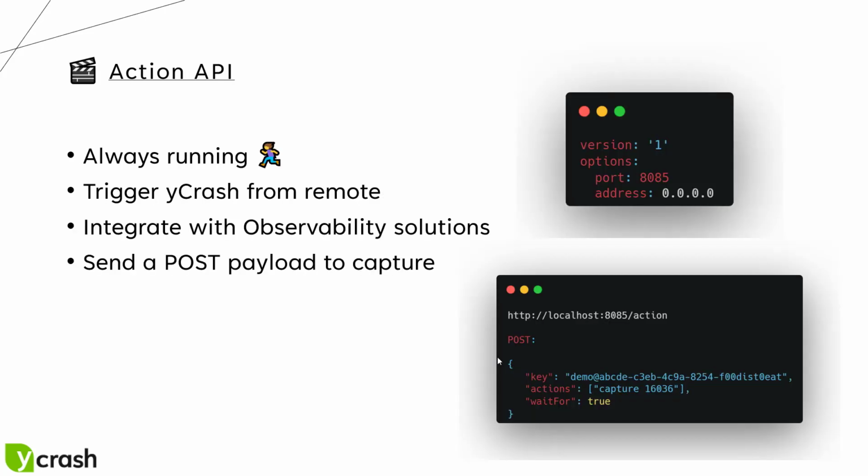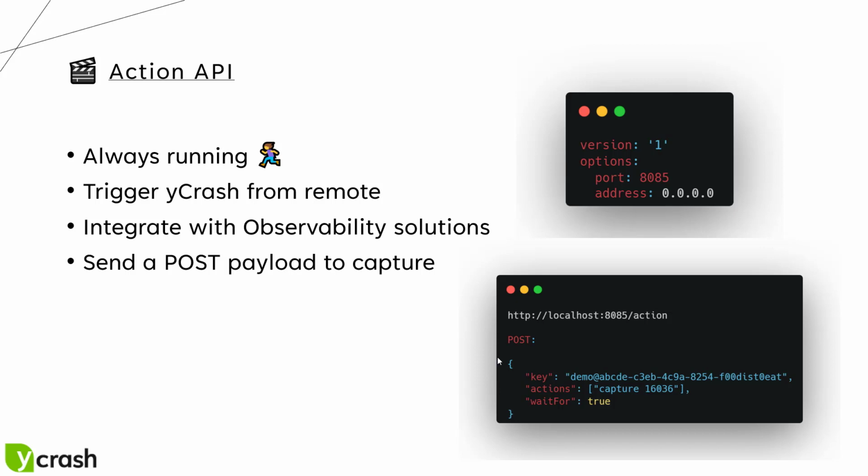But if you want to integrate the yCrash agent with your existing observability solutions, or if you want to always keep the process running and trigger yCrash from a remote machine, of course you can do it. For this, you need to expose a port number, any available port number, and the address. This will enable the Action API.